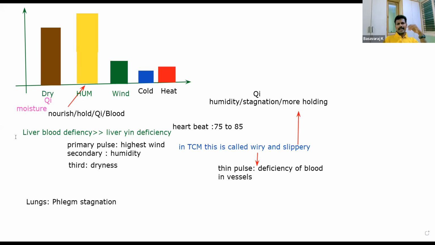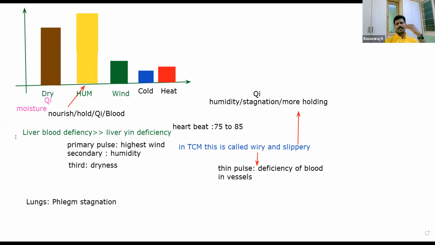So in the digestion system, your body is unable to moisturize as well as unable to digest your food properly because of the lack of chi energy. Humidity and dryness indicate chi deficiency in the spleen and stomach.